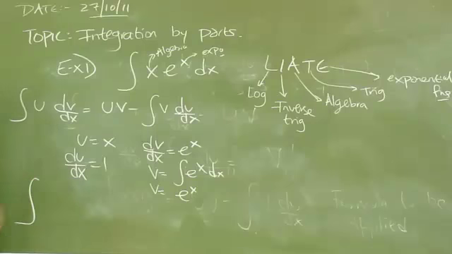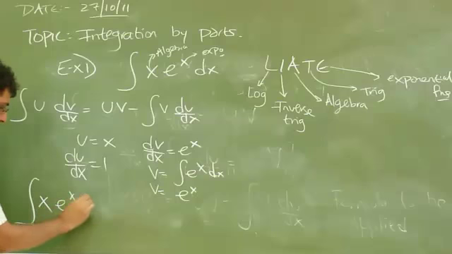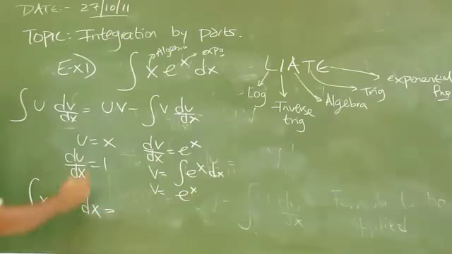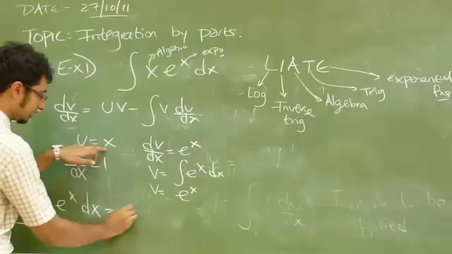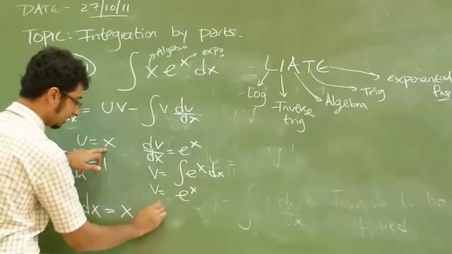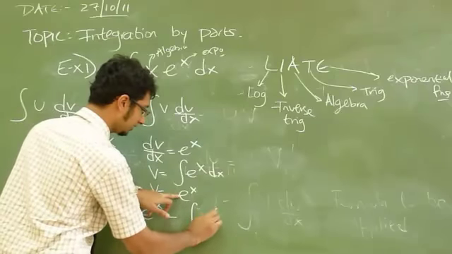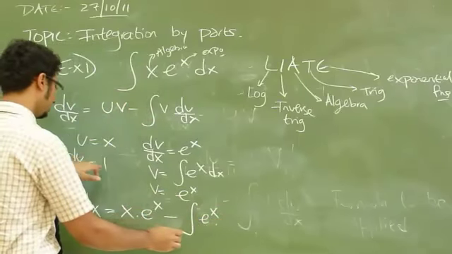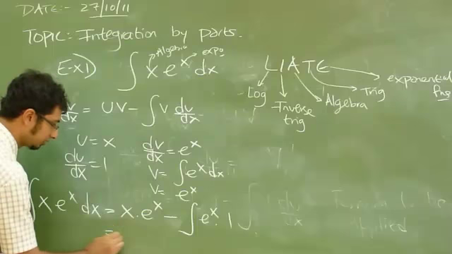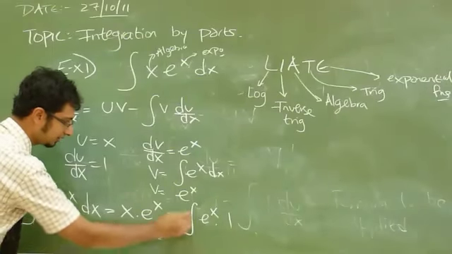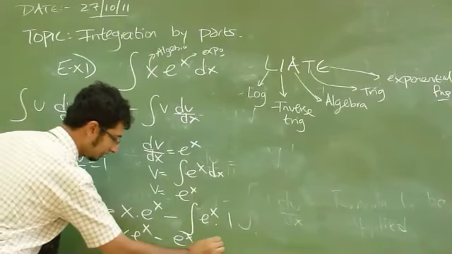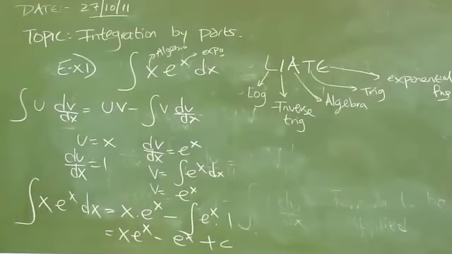So the integration of u, which is x, times dv/dx, which is e^x, dx equals uv. My u is x, my v is e^x, minus the integration of v, which is e^x, times du/dx, which is 1. Completed: x e^x minus the integration of e^x, which is simply e^x. Now you can write the c. Done. That's the answer.